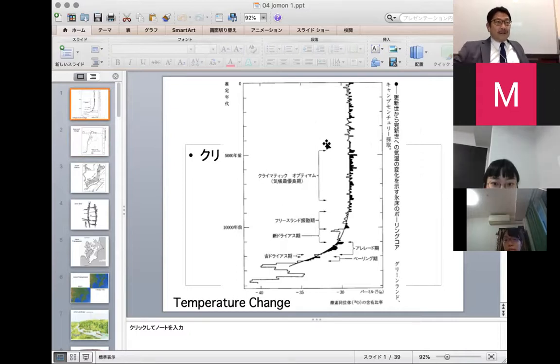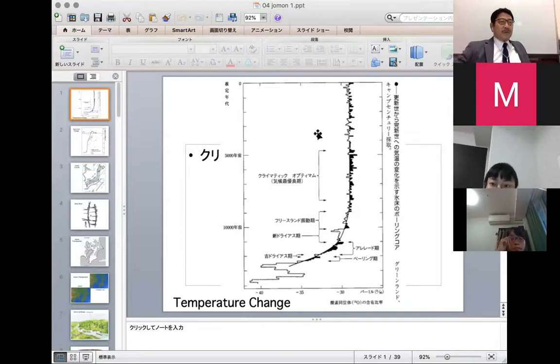Even though nowadays we talk about the warming of the atmosphere caused by human activities, if you look at it in the environment in the long range, tens of thousands of years, it's going down towards the next glacial period.